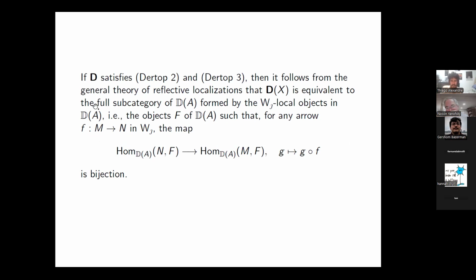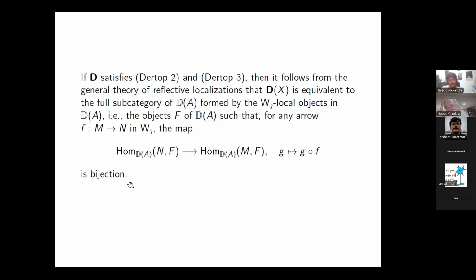And in the end, we can see that if D satisfies top two and top three, then it follows from the general theory of reflective localizations that D of X is necessarily equivalent to the full subcategory of D of A formed by the WG local objects in D of A, which are the objects F of D of A such that for any arrow in this class of WG here, this map is a bijection.